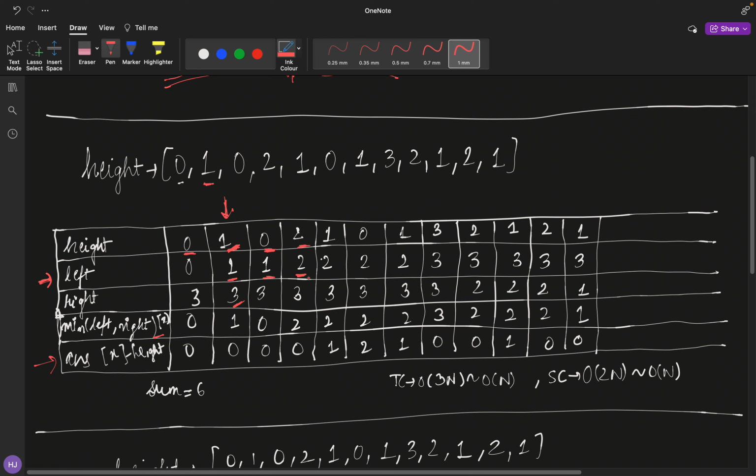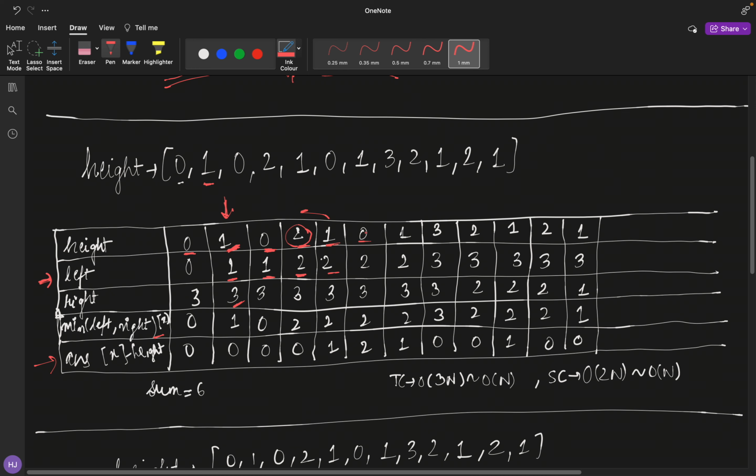It is 2. I want to make one thing clear: whenever I say the maximum height at the left, it means I am including the current element as well for the comparison. That's why my answer came out to be 2. Let's jump further on the array. What is the maximum to the left of 1? It's 2.